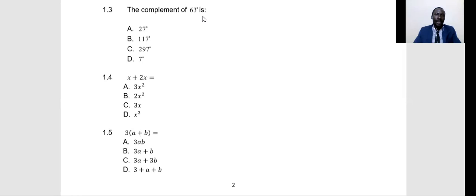To find this number, we can subtract 63 from 90. And when we subtract 63 from 90, what we get is the number which we must add to 63 to get 90 degrees. So what is that number?